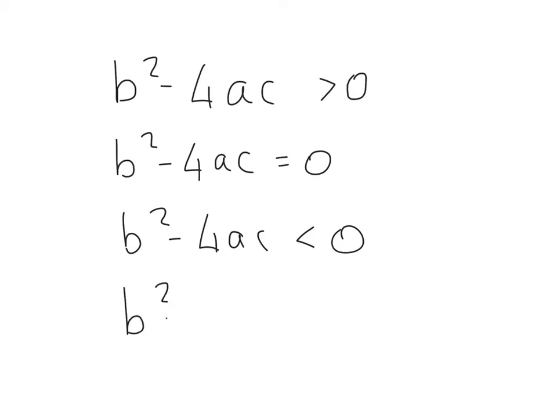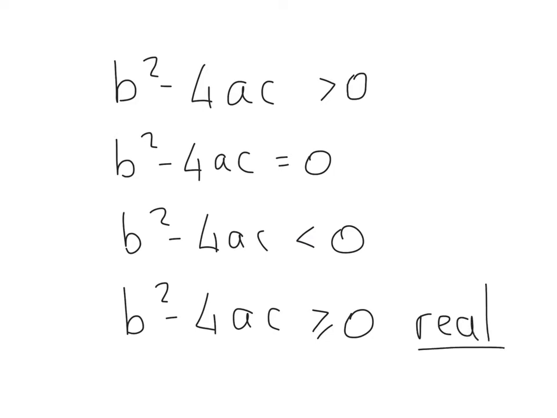If we have the case where b squared minus 4ac, the discriminant, is greater than or equal to 0, we don't know if the roots are equal or distinct, but we do know they are definitely real. So they could be distinct, they could be equal, but they're definitely real.